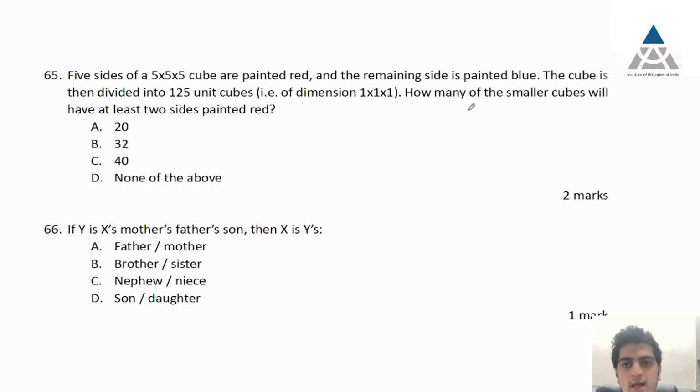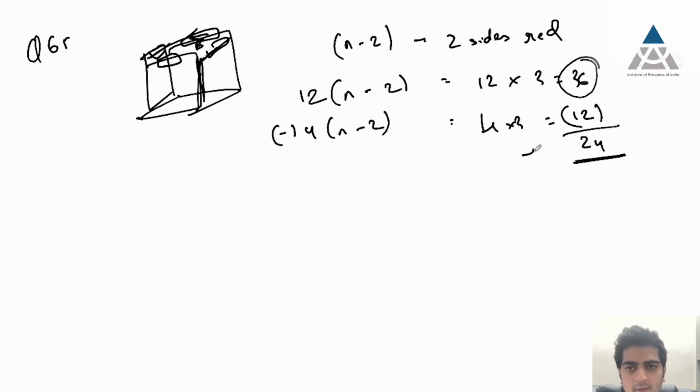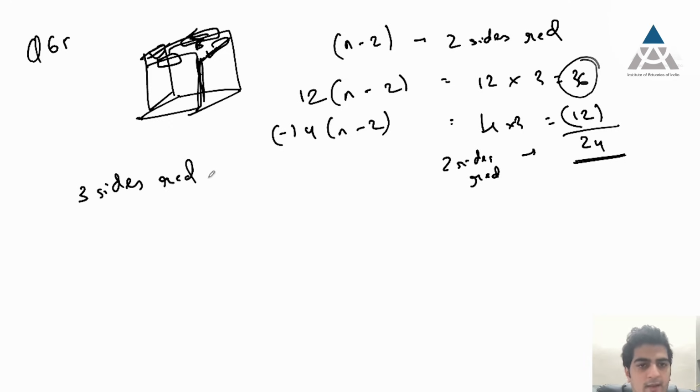Now the question says how many of the cubes will have at least two sides painted red. So these are the ones which have two sides painted red. We also need to find three sides painted red. So for three sides red, you would typically have in normal cases 8 cubes. Correct? These are the 8 corners that we take.